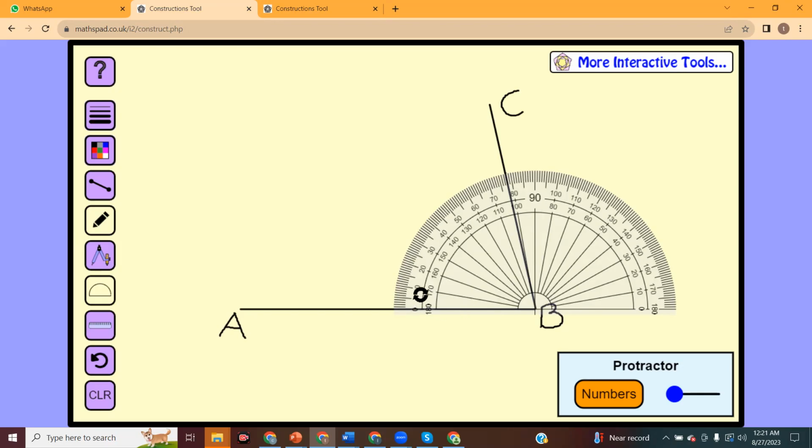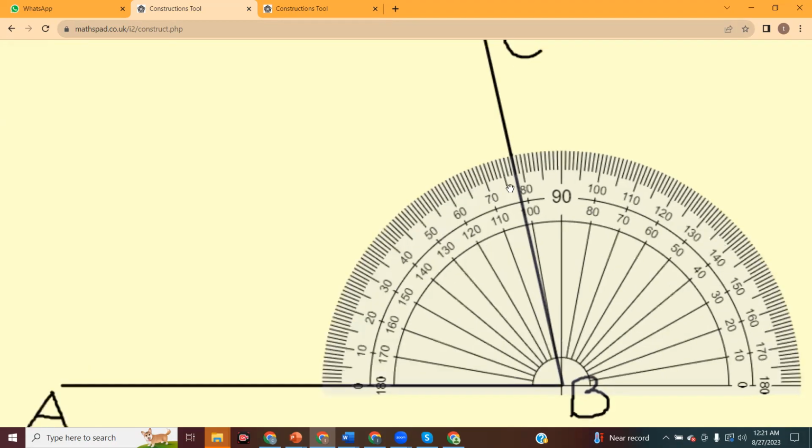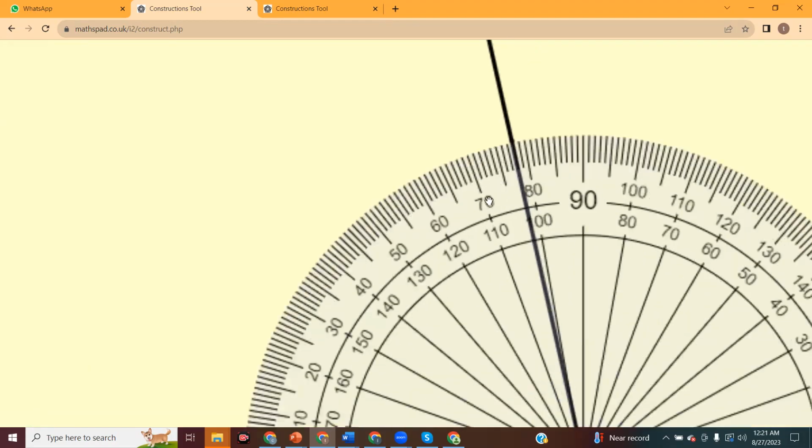We go 0, 10, 20, 30, 40, 50, 60, 70, 75, 76, 77, and 78. So notice carefully. Let's do it again. 0, 10, 20, 30, 40, 50, 60, 70.